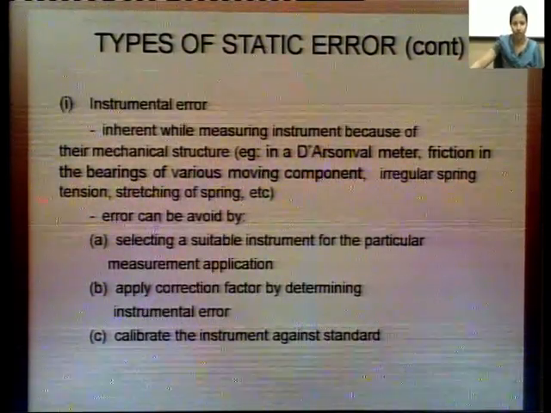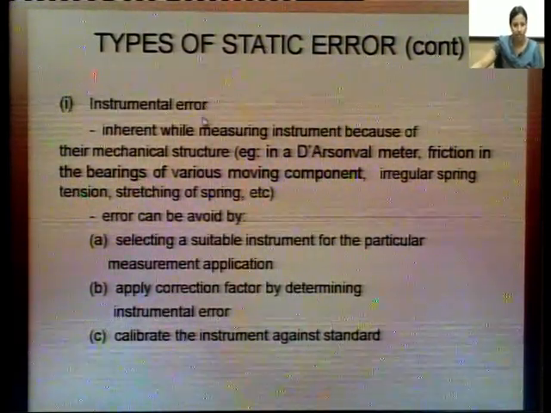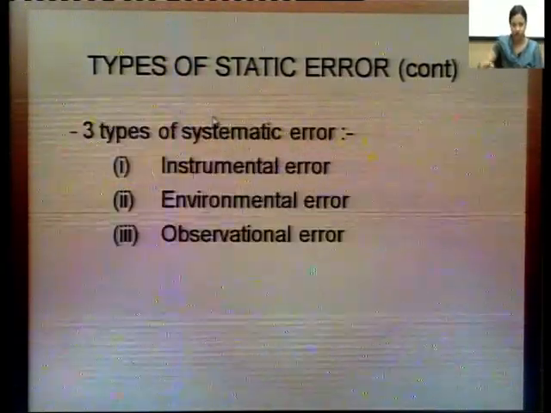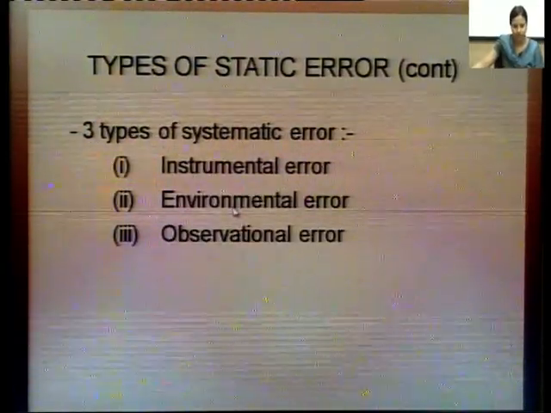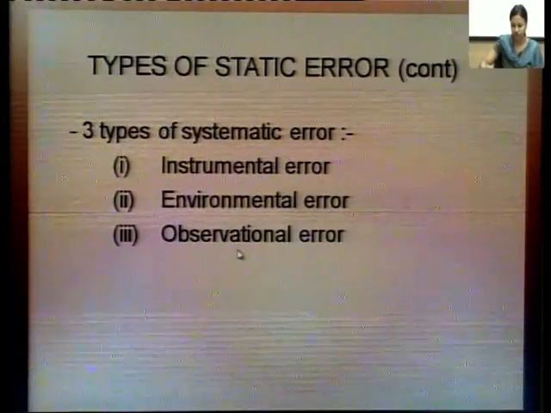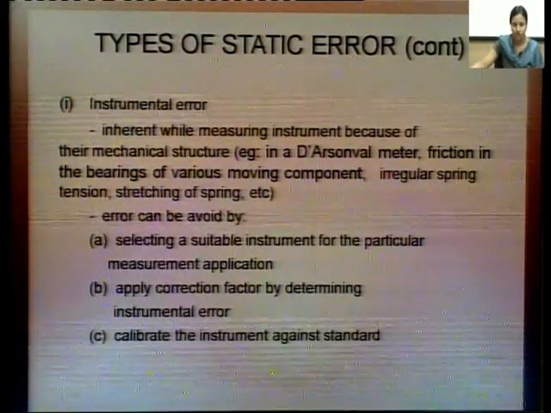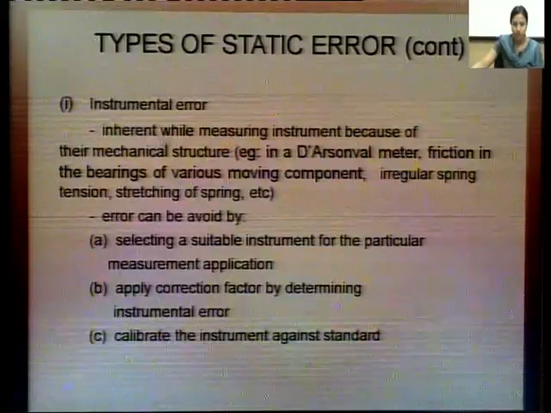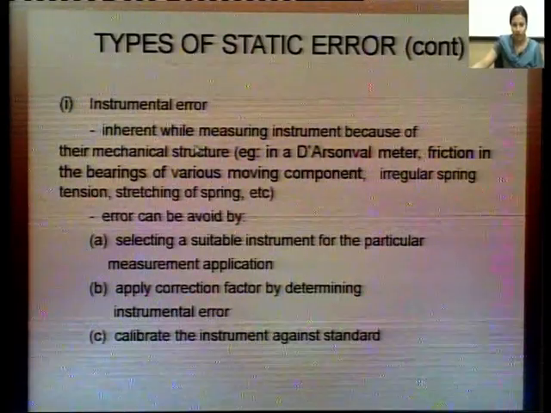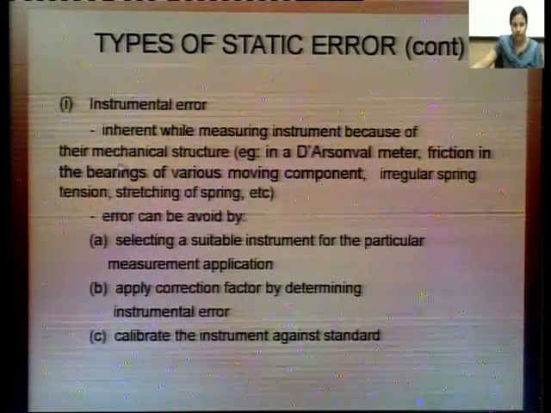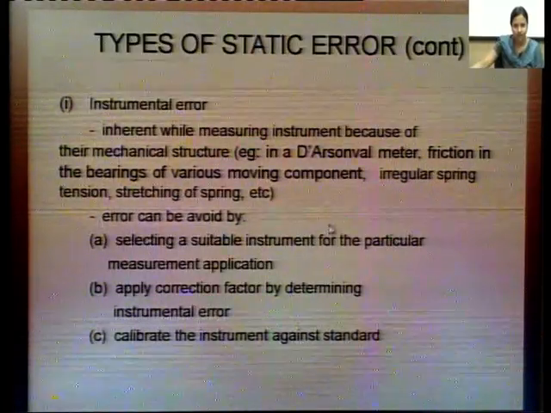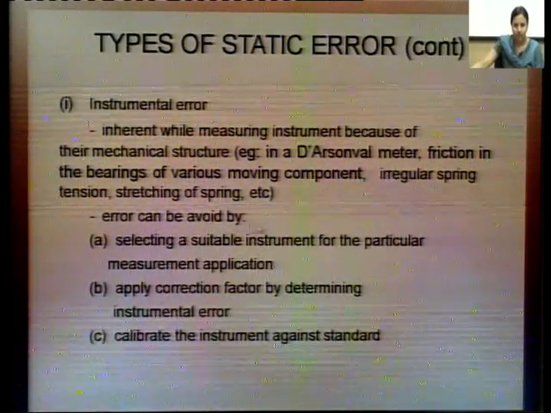Now, we will study in detail all these types of error, that is instrumental error, environmental error and observational error. First type is instrumental error. It is inherent in measuring instruments because of their mechanical structure. We will study this in detail.